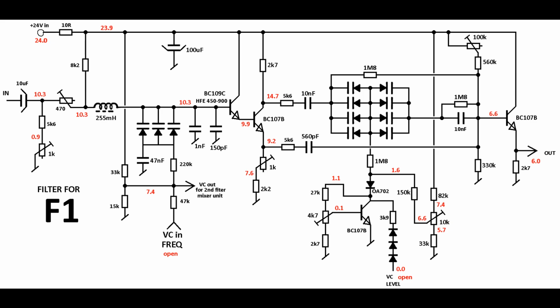Here is the schematic that I've drawn directly from this PCB, so I know it to be accurate. This is exactly how it is implemented, and I also took the liberty to input with red numbers the DC voltages when the card is not mounted into the machine, so everything here is just open.